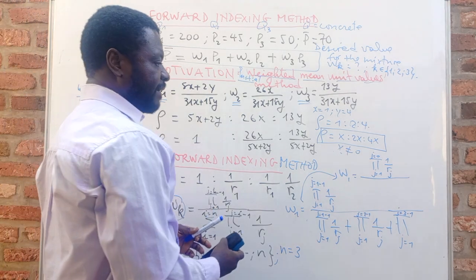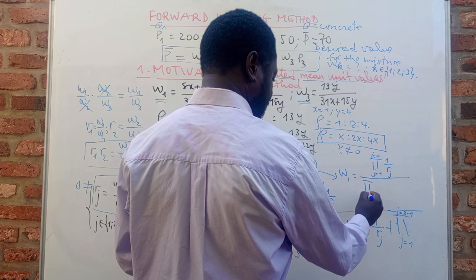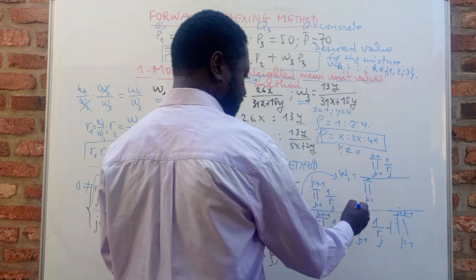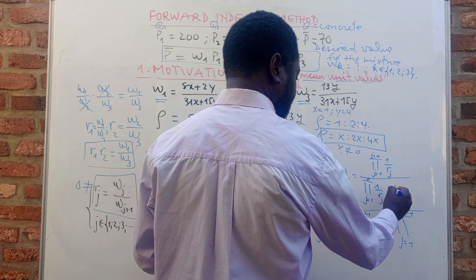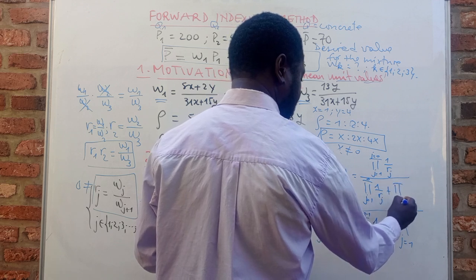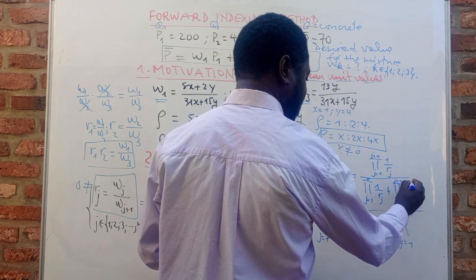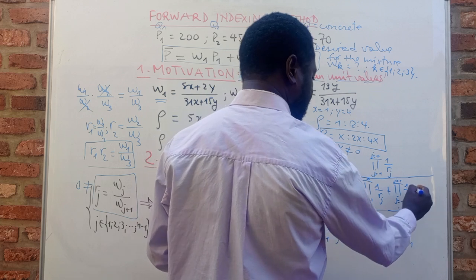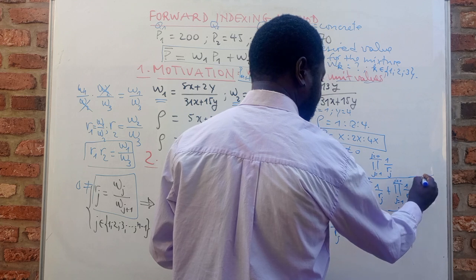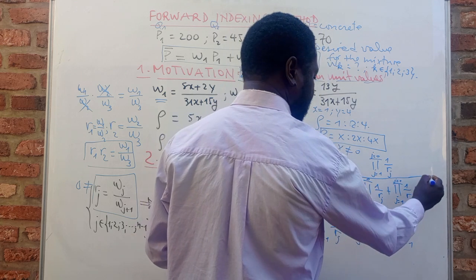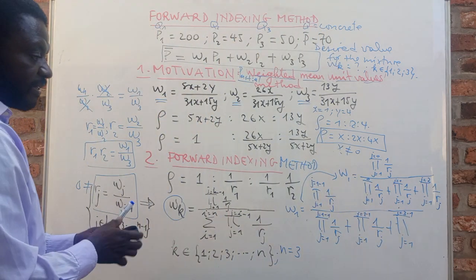So in this case, we have the product from j equal to 1 until 0 of the reciprocal of the ratios, plus the product from j equal to 1 until j equal to 1 of the reciprocals, plus finally this one, the product j equal to 1 until j equal to 2, since 3 minus 1 is equal to 2, of the reciprocals of the ratios.